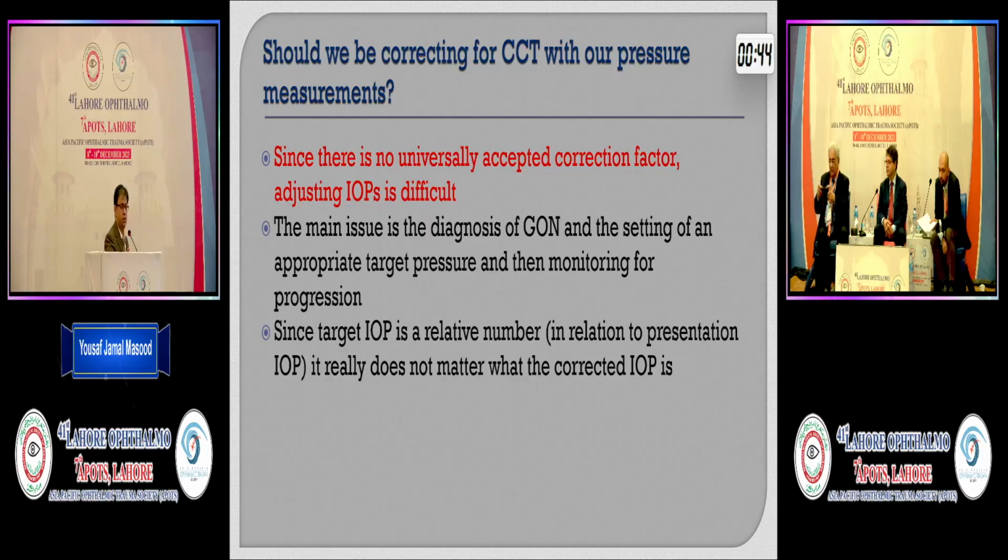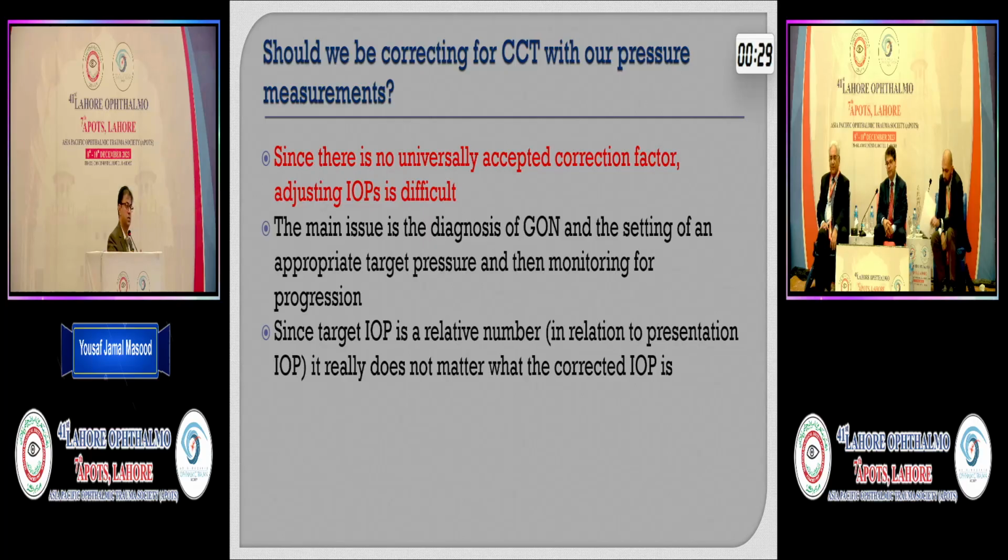Since there is no universally accepted table, adjusting IOP is difficult. In the next talk, we will see how corneal hysteresis has helped us in these studies, because there is a difference.